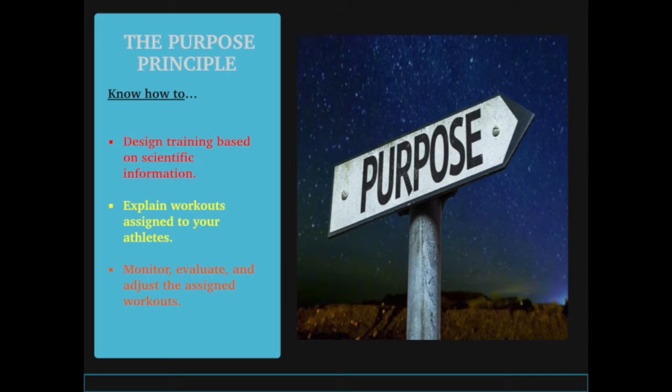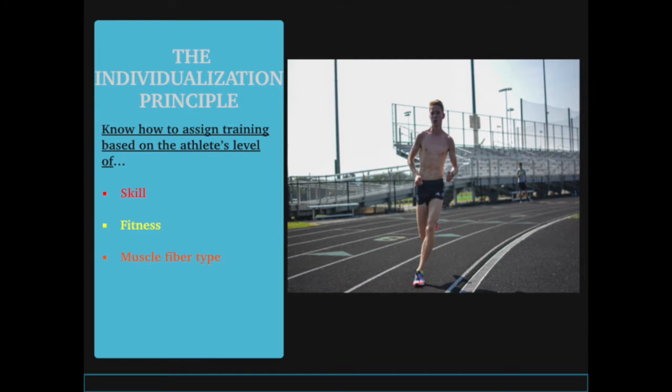Okay? Let's go on to the next principle, individualization. You individualize the workouts based on skill level first and foremost, their fitness level, and finally, the muscle fiber type. As I mentioned earlier in previous discussions, you don't peak all athletes on the team the same.